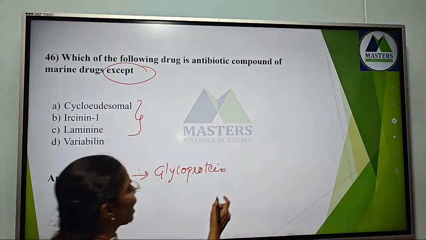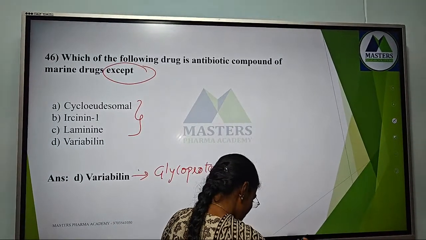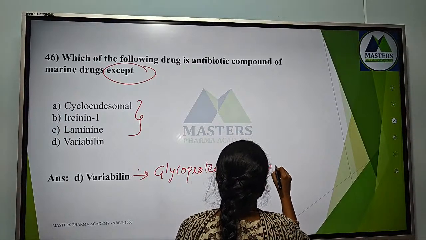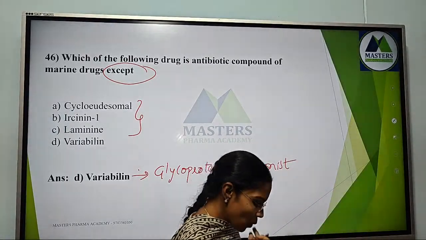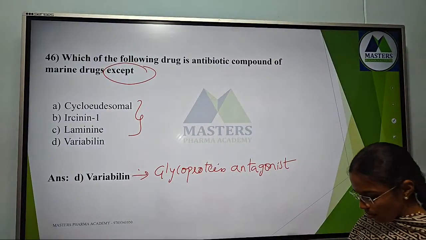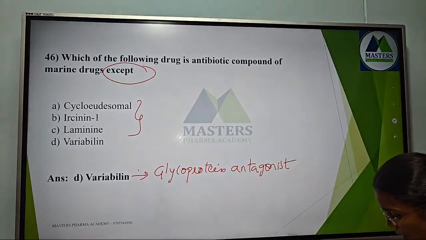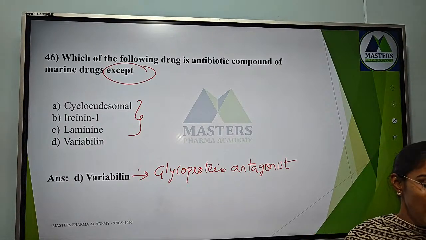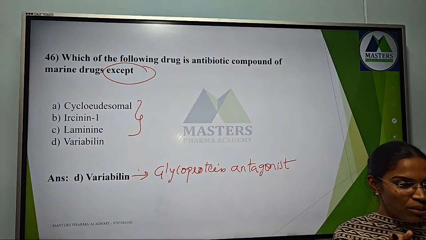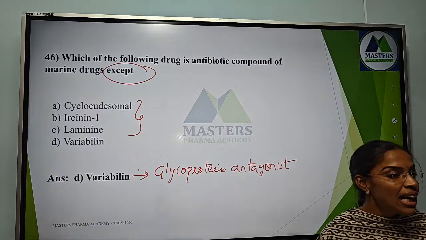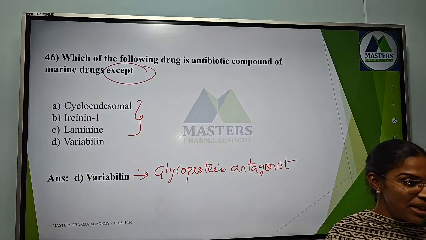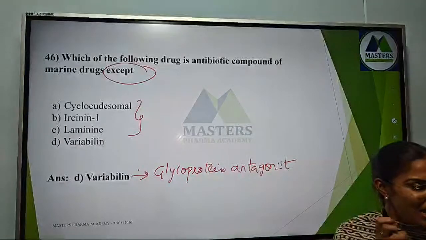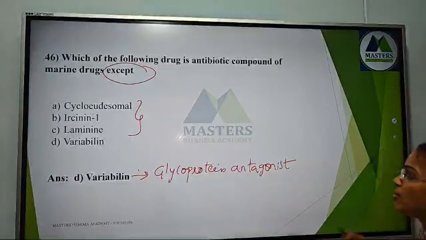It is a glycoprotein antagonist. It inhibits aggregation of platelets. Whenever you come across variabilin, you remember it is a glycoprotein antagonist.